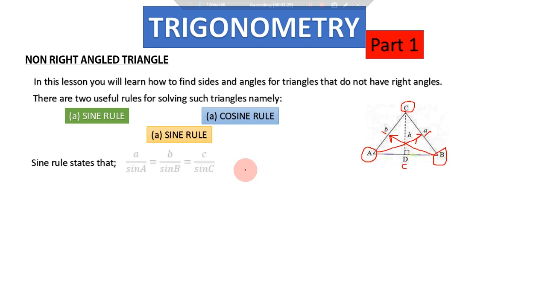Writing it down, it will be in this form: a over sine capital A, equals b over sine capital B, equals c over sine capital C. The a, b, c are small letters, as you can see on top there. They represent sides, as we just explained, and the capital letters represent angles.